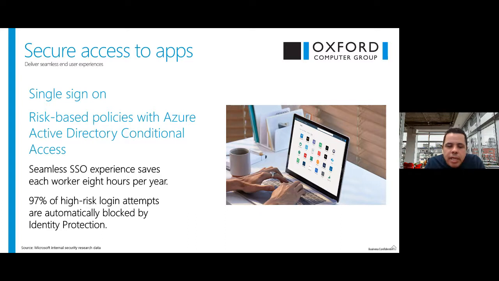Or if it detects a login from a known risky location, it can also require, for instance, stepped-up authentication, multi-factor authentication for accessing that application.